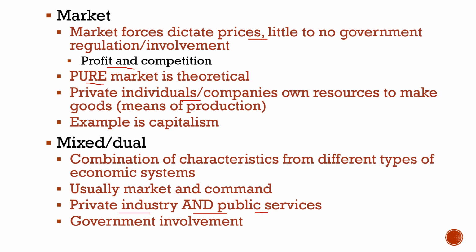All right, so again, the government is involved, but they don't completely own or dictate it. So we have different quotas, tariffs, and subsidies. So again, that would be taxes that are put on different things, whether we're importing or exporting, and that impacts then the economy.